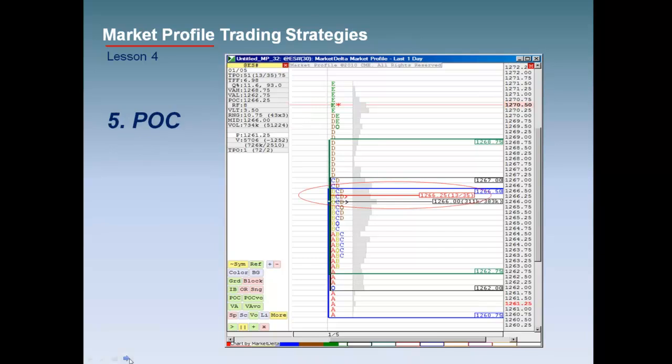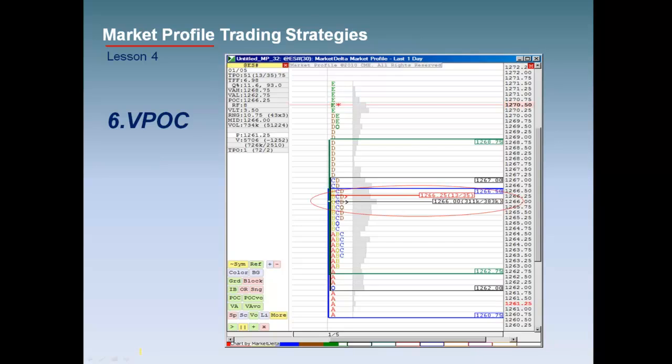The POC. This is always very easy for people to identify, especially since market delta also highlights it for us with a nice bright red color. And so here we see our POC right here at 1266.25. Now, it's also important to be able to identify the volume POC.